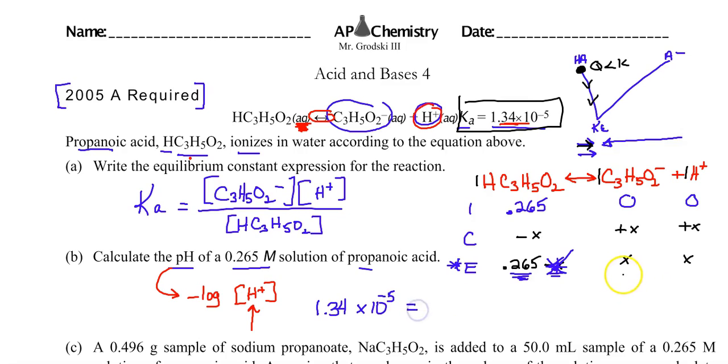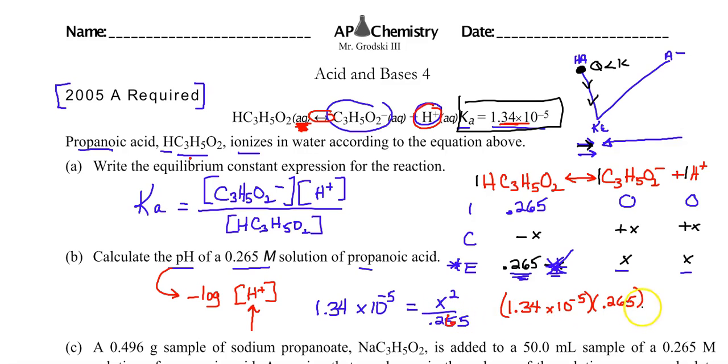And it's equal to, guess what? X times x. Remember, this is the x in here, so that becomes x squared, all over 0.265. All right, so all I've got to do algebraically is take 1.34 times 10 to the negative 5, and then I'm going to times it algebraically by 0.265 molar.